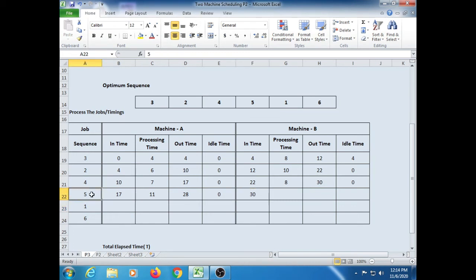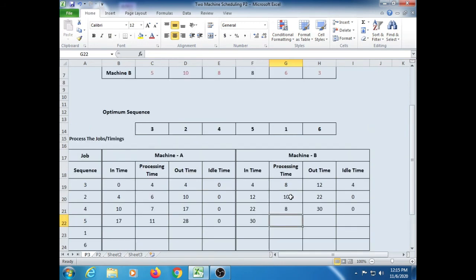At the 28th hour the job is ready to perform on machine B, but at the 28th hour the machine is not ready. That's why the machine will become free only at the 30th hour, and only then can we process the job. So we take 30 hours.